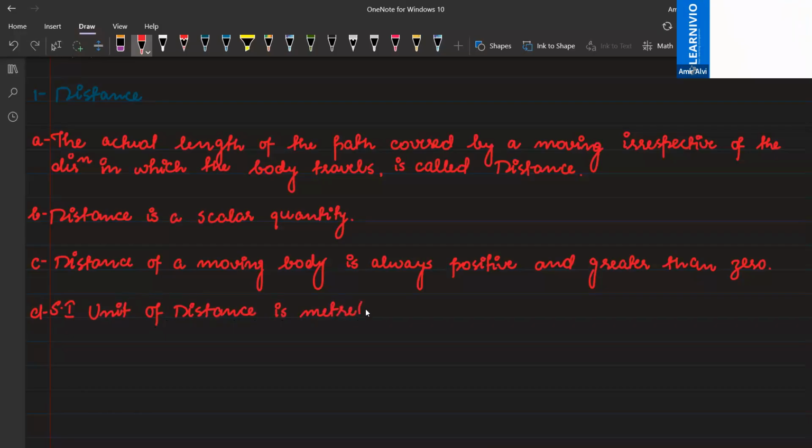The unit of distance is meter. So please let me know, is that clear to you or not? Yes, sir. That's great. So please note it down and let me know once done. After that, we'll move to the displacement part. Okay, Afan, that's great. Done. That's good.